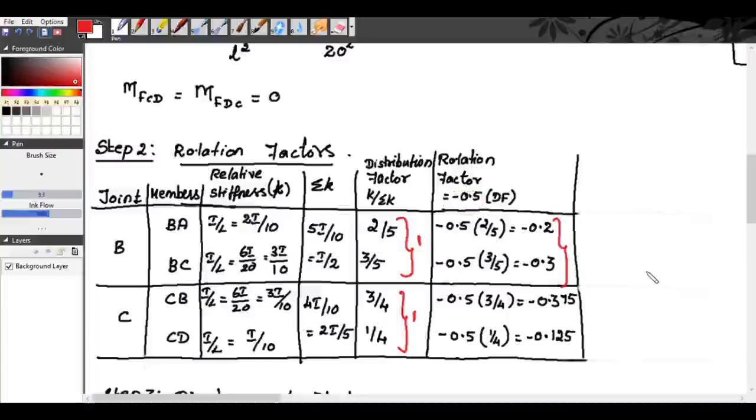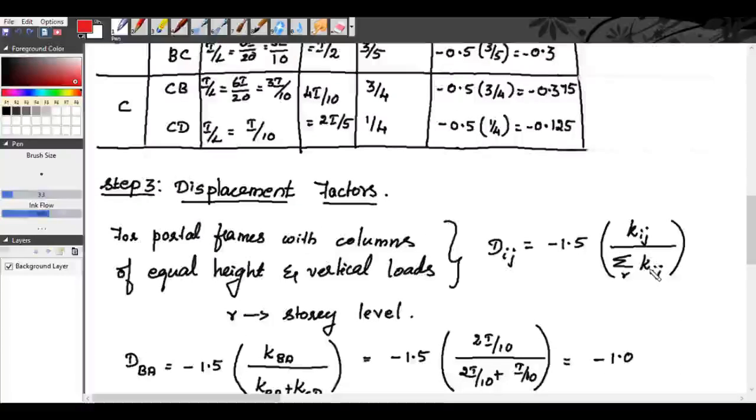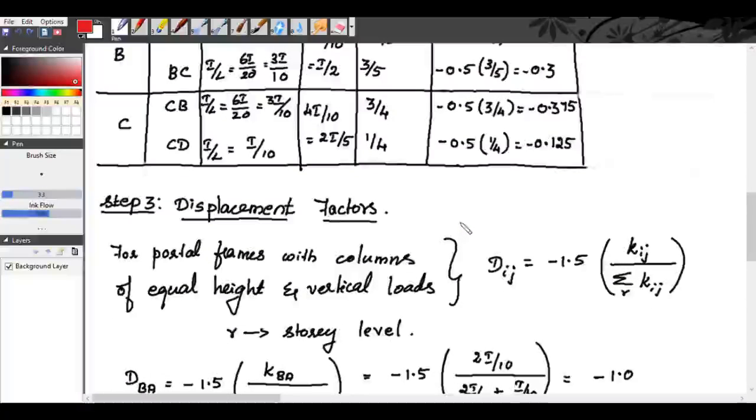Okay, now we will move on to step 3. Step 3 is displacement factors. Since here it is subjected to sideway, in addition to rotation factor, we have displacement factors and displacement contributions. Rotation factor and corresponding rotational contributions. Similarly, displacement factor and corresponding displacement contributions. Since there is a side sway, there will be displacement. So, we know how the sway occurs.